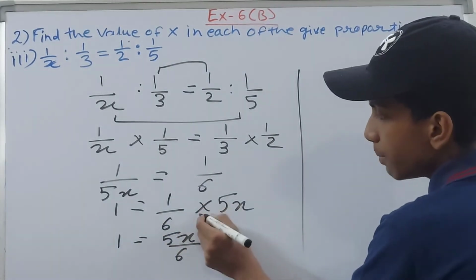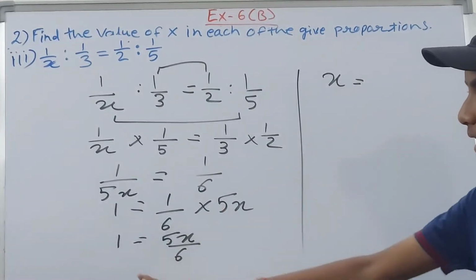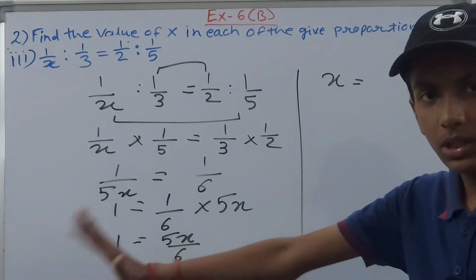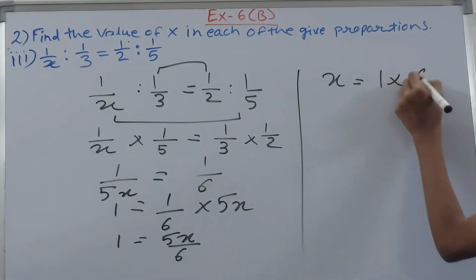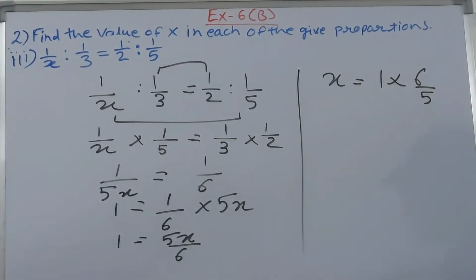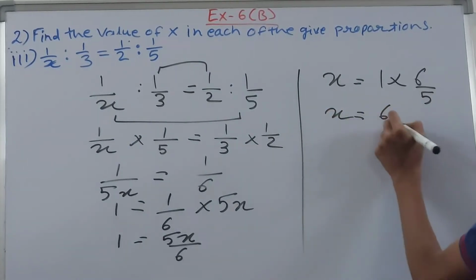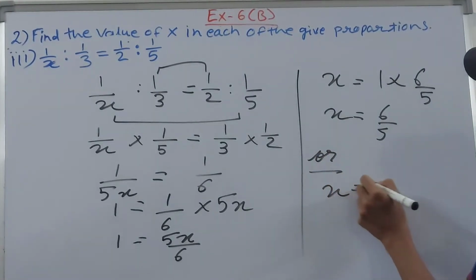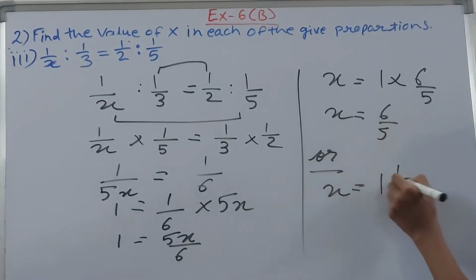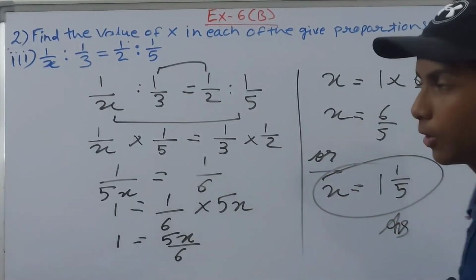Here it is multiplying with x, so it will be dividing on the other side. So x is equal to 1 into 6 upon 5, that is the reciprocal. So simply x is equal to 6 upon 5, or x is equal to 1 whole 1 upon 5. This becomes our answer. Now let's move on to the next part.